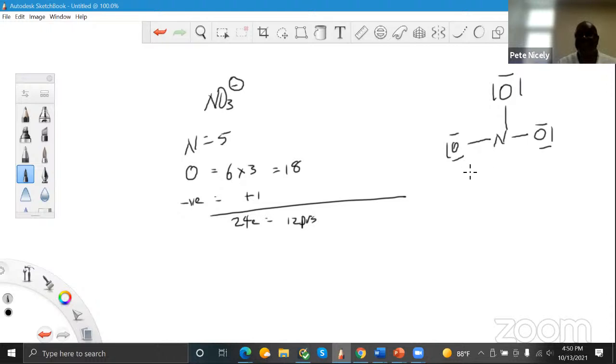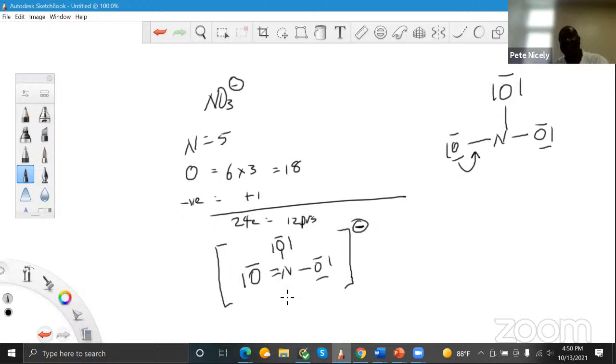So you can bring either this pair of electrons here to form a bond, in which case you're going to end up with O double bond N, O with 3 lone pairs, and then this O with 3 lone pairs. And then we put everything within square parentheses, and we put the negative sign outside because we have a negative charge for the entire polyatomic ion.